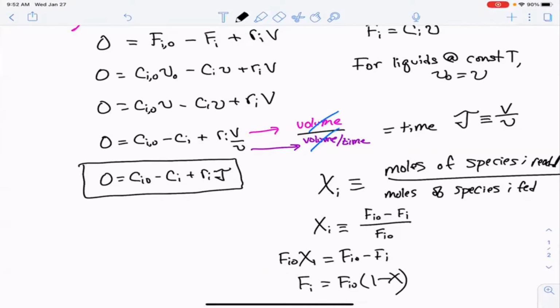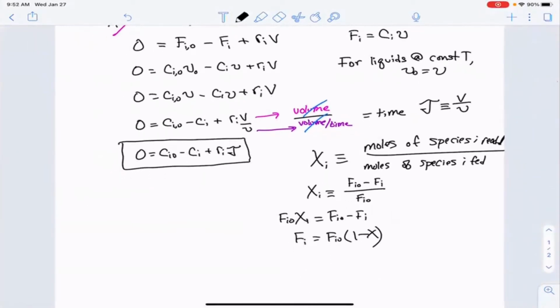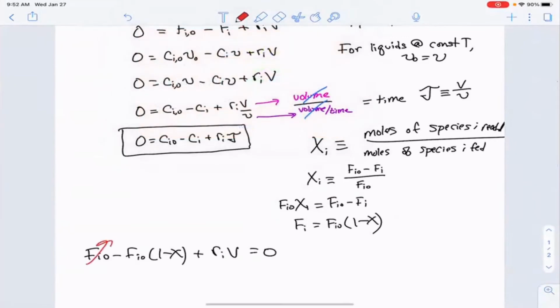And if we do that, and let me just zoom out a little bit so you guys can see, we have that F_i0 minus our expression for F_i, which is F_i0 times 1 minus the conversion, plus R_i V is equal to 0. And if you look at this equation, this F_i0 actually cancels with this 1, right?